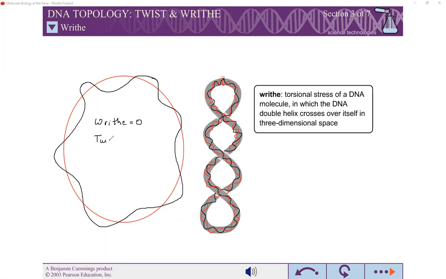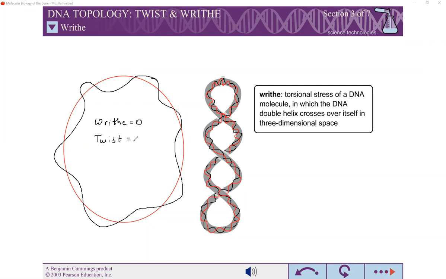The twist which was present, you just count the number of twists. How many times is the DNA strand crossing over the other? 1, 2, 3, 4, 5, 6, 7, 8, 9, 10, 11, something like that. You can count it out.